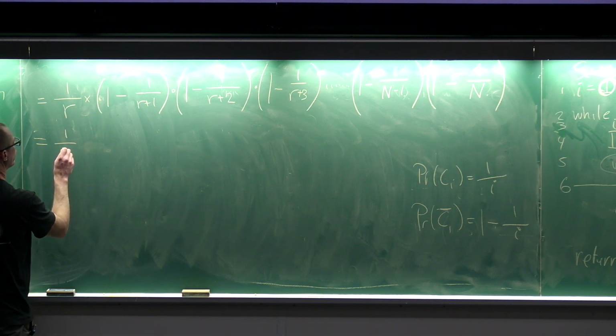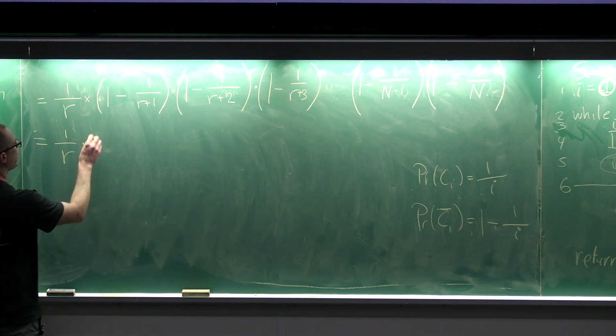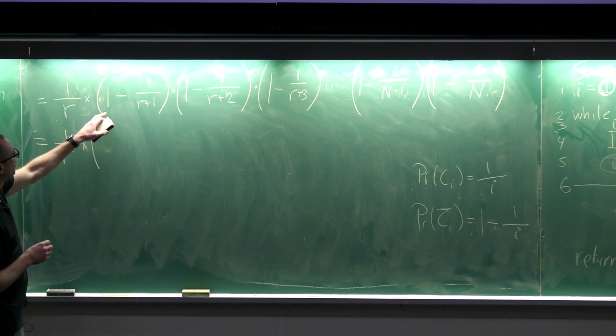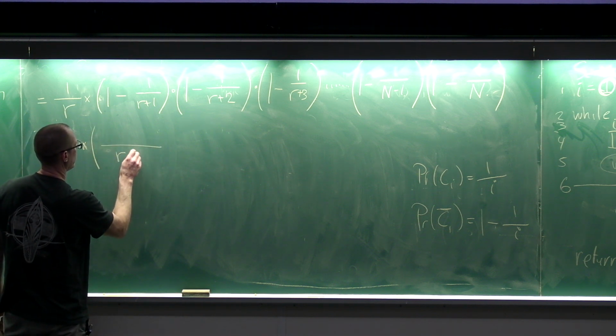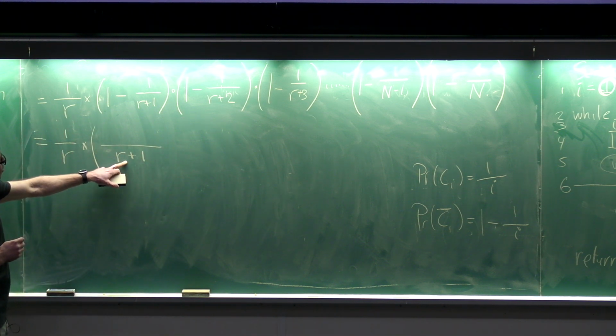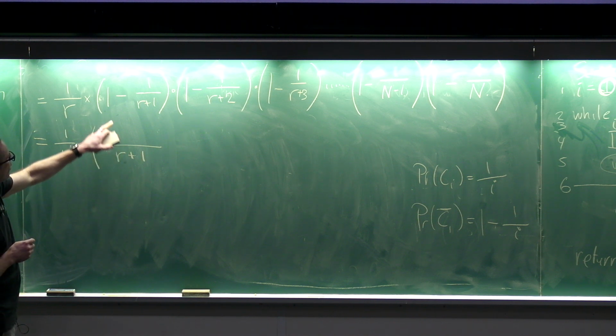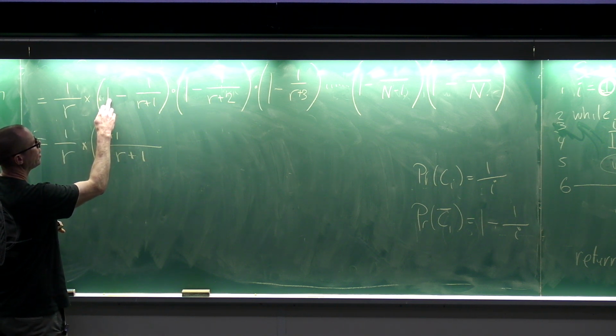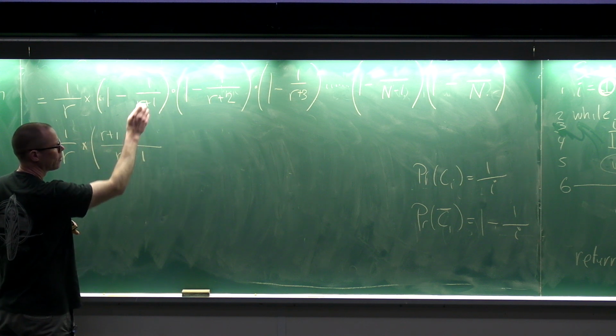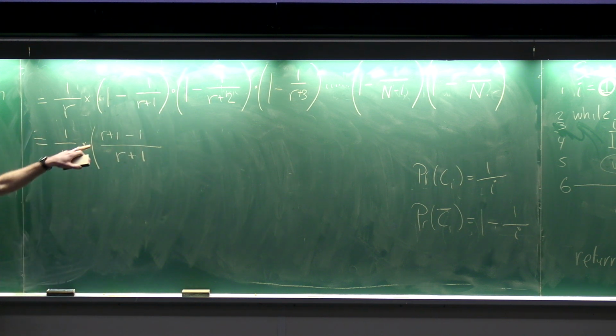So we got 1 over R, that's pretty nice already. But maybe this thing we could write differently. So we should have an R plus 1 on the bottom. And what's on top? Well, this on top should be an R plus 1, that's this thing, but then we subtract 1. Right? So that's what the top should look like. Yeah?